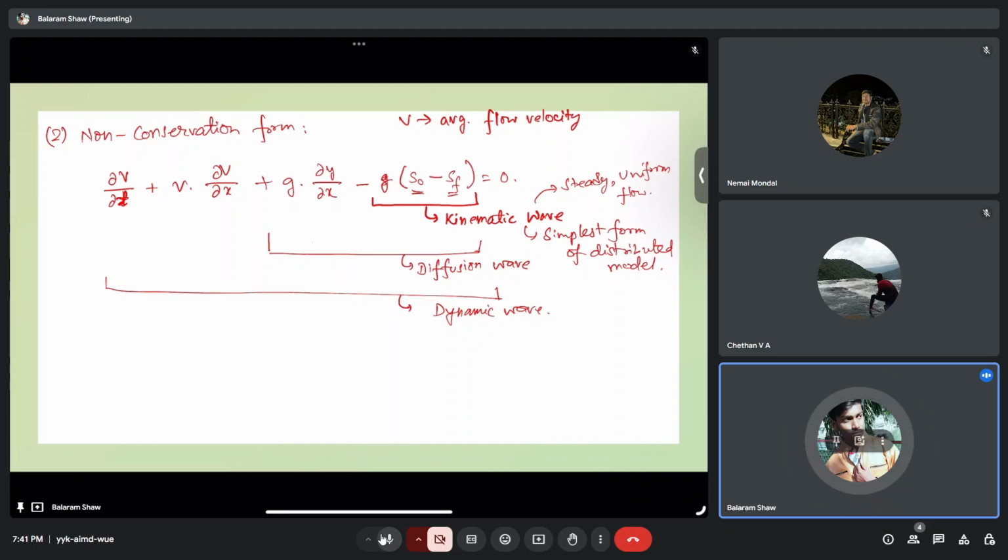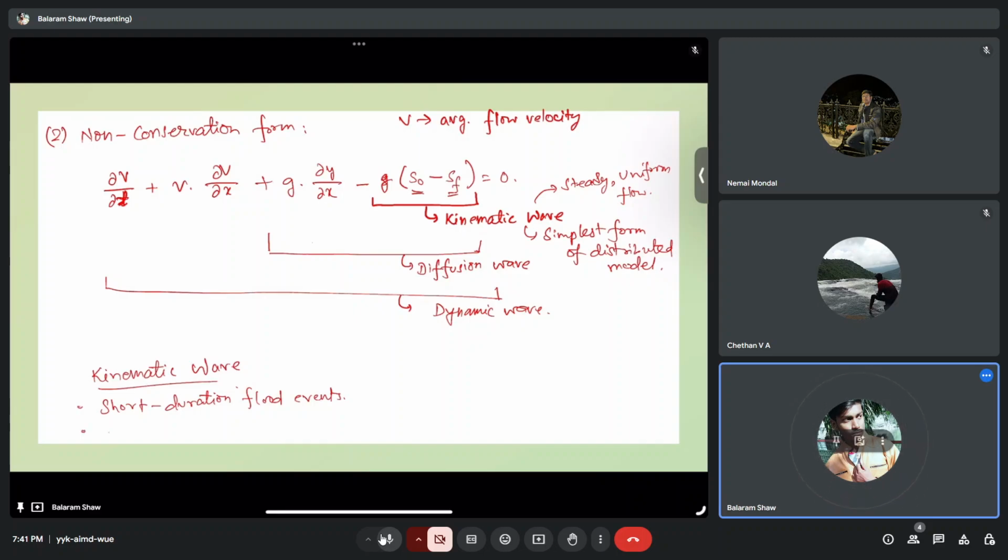So for this case, the Froude number will be, you remember, you can write that. Kinematic wave: steady uniform flow, short duration flood event, right?